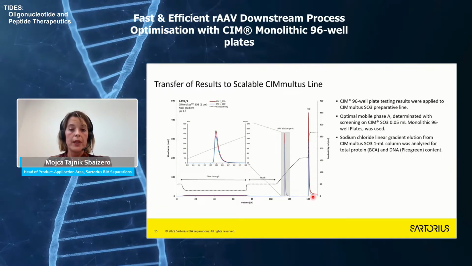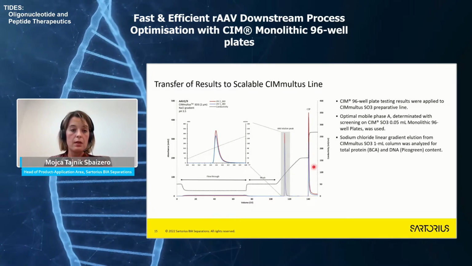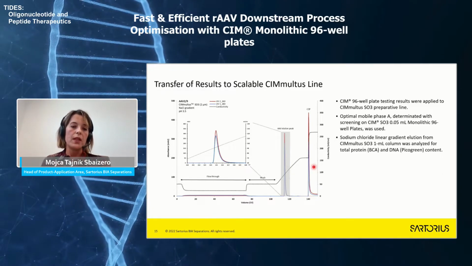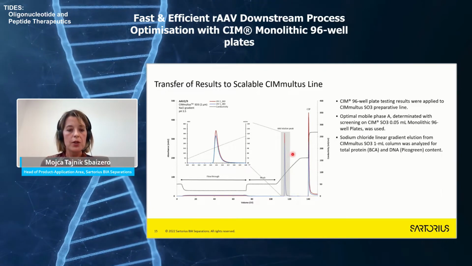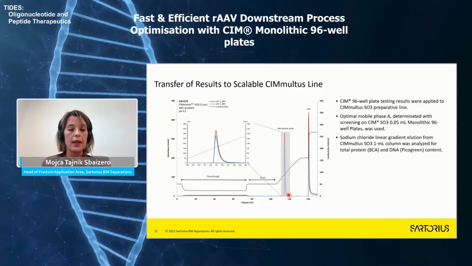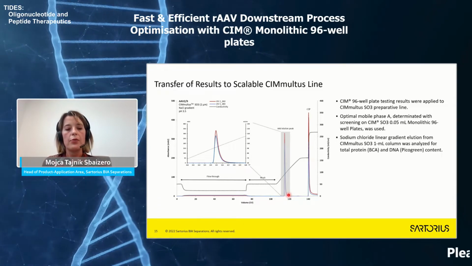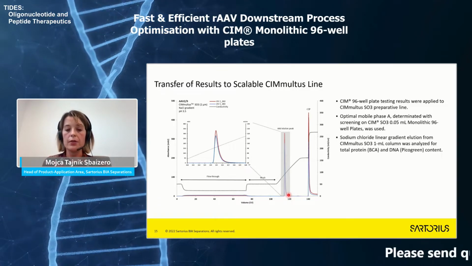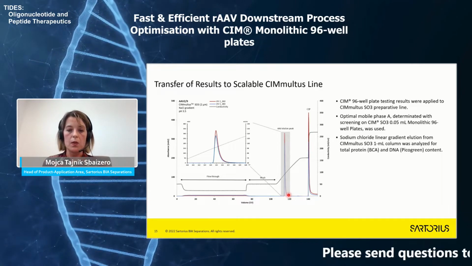So we were really optimizing these conditions with the plates. We analyzed the fractions from the preparative chromatography with PicoGreen for the total DNA content and also a BCA test for the total protein.